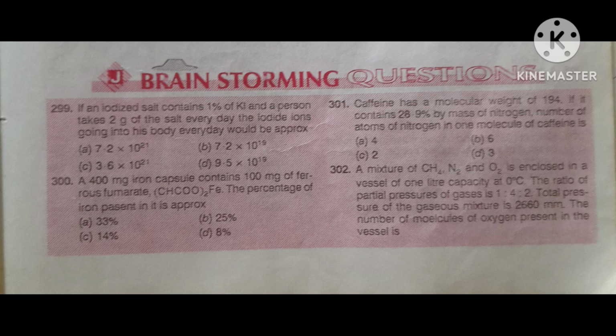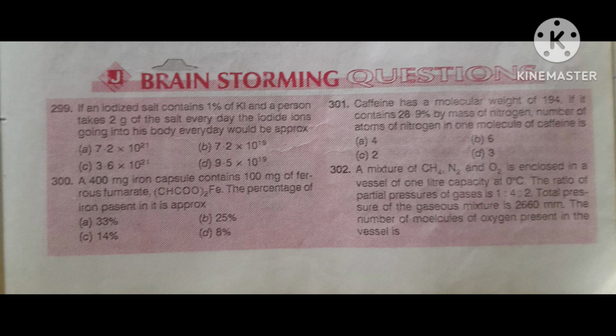After solving you will get 32.9 milligram. Correct? Then in 100 milligram ferrous fumarate, 32.9 milligram iron is there.